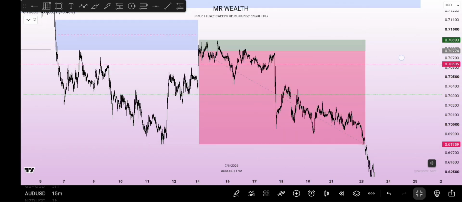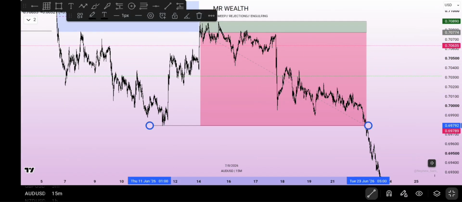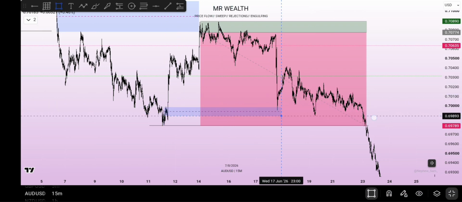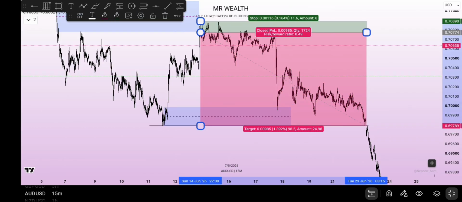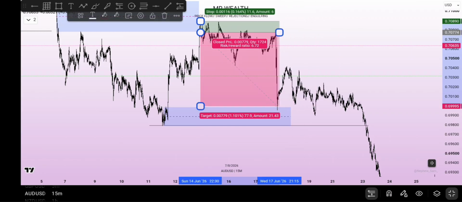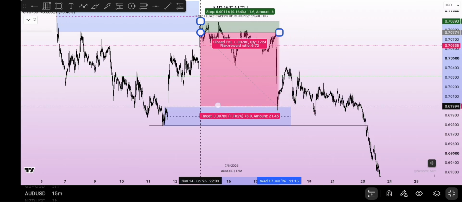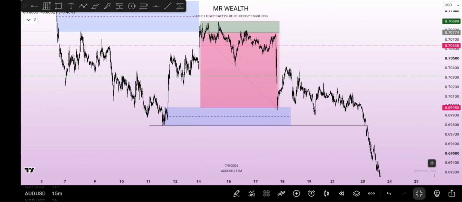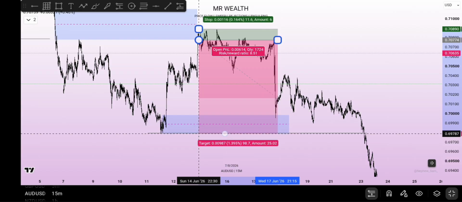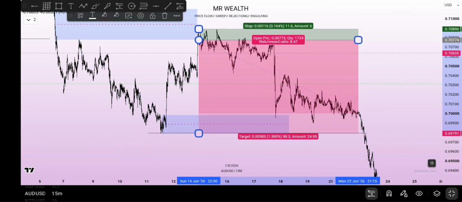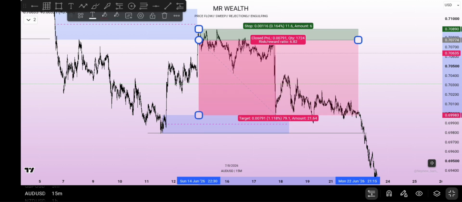Or if you don't want to do it that way, you are afraid that there's a demand zone here that price is going to reject from, you can actually just set your TP there and you're out of the trade. All those other news will not scare you because you're already out of the trade. That is two ways: either you target the swing low, which is a liquidity, or you target this one over here. Any of them.